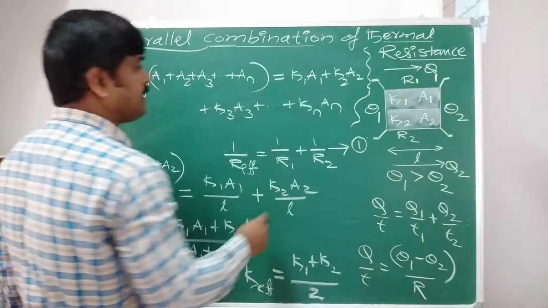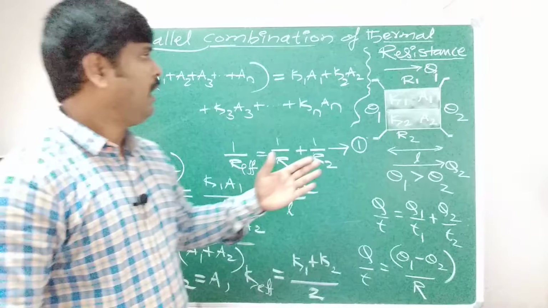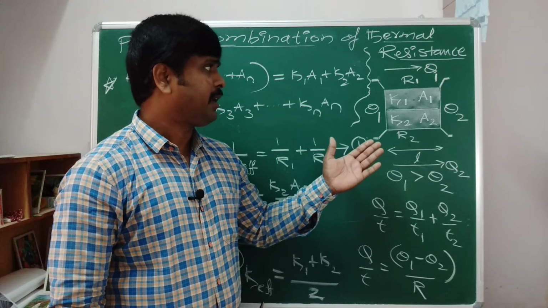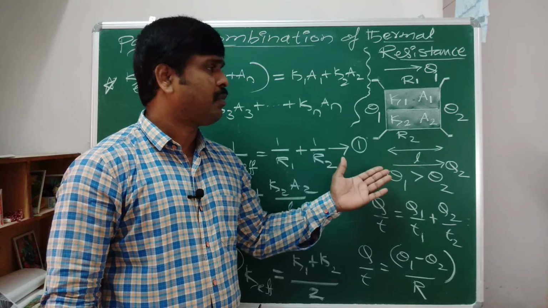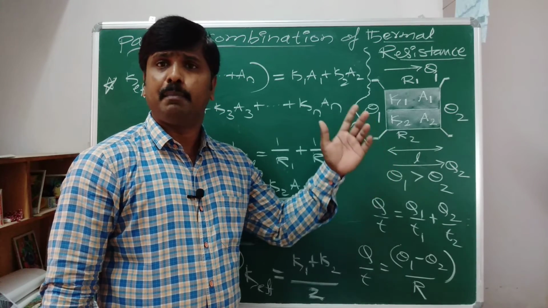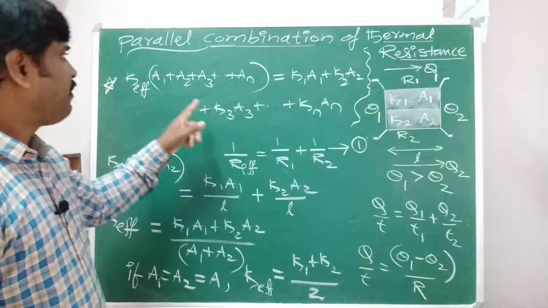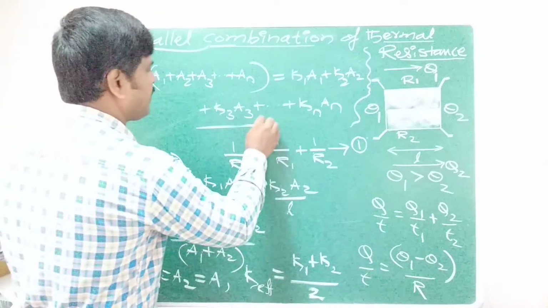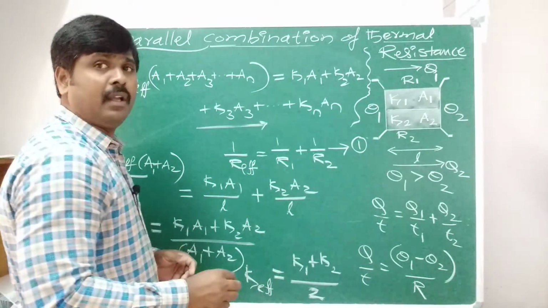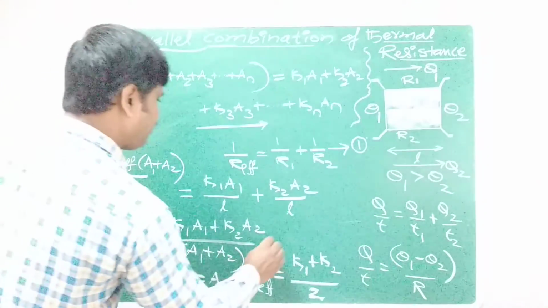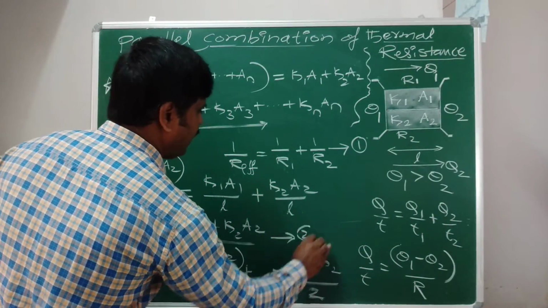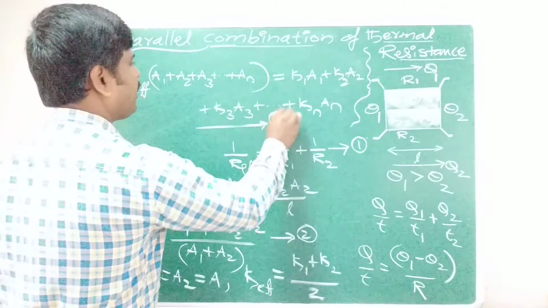This is for n thermal conductors with coefficients of thermal conductivity K1, K2, K3 up to Kn connected in parallel combination. This is the final equation for the parallel combination of thermal conductors, taken as equation number 2 and this is equation number 3.